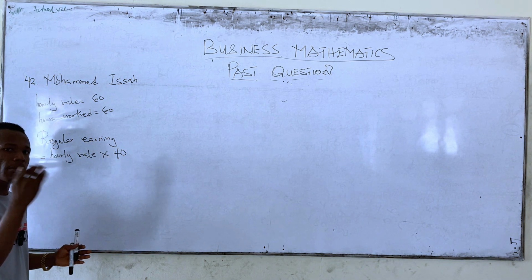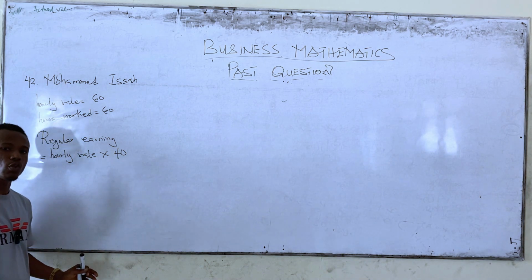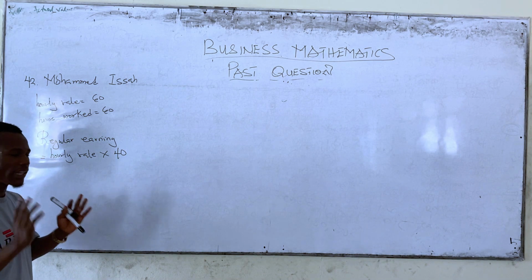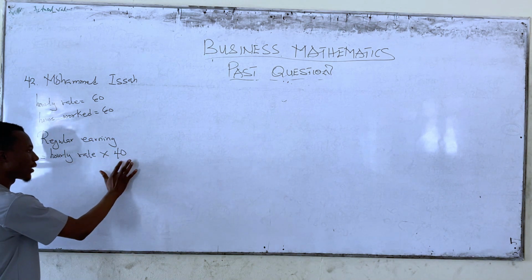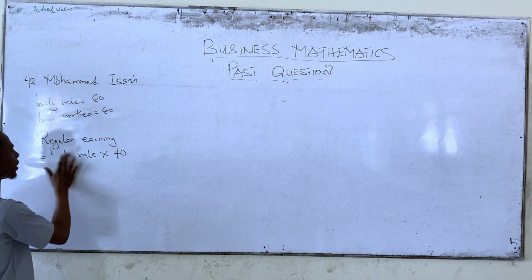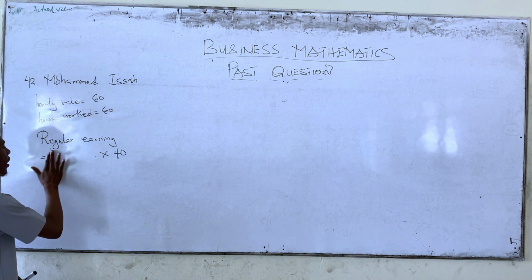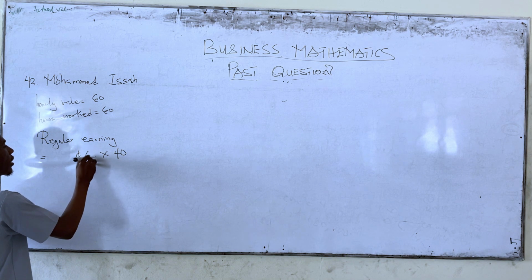And the number of hours worked as an employee in Ghana is supposed to be 40. So have it in mind. Anytime you are calculating for regular earning for anyone, you must use 40 multiplying the hourly rate. The hourly rate is how much you want to pay the person per every hour. So that is 60 Ghana cedis.